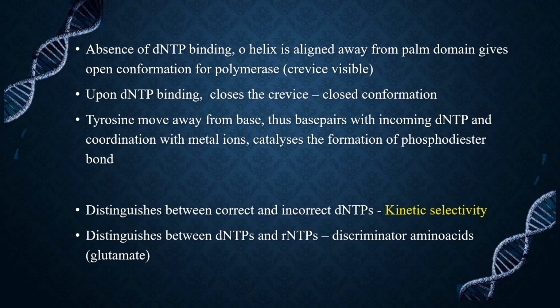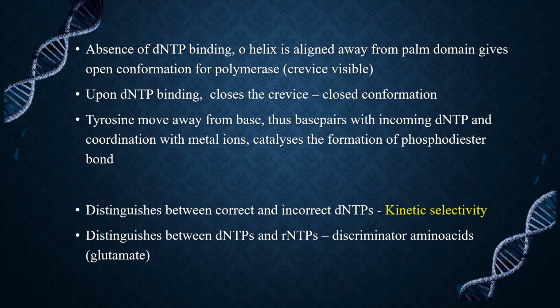No coordination will be there with metal ion B. So the catalytic rate abnormally drops and they are eventually outcompeted by the correct dNTP that provides greater rates. This mechanism of selecting substrates based on the velocity they provide is called kinetic selectivity, which is different from a normal enzyme which shows geometrical specificity.